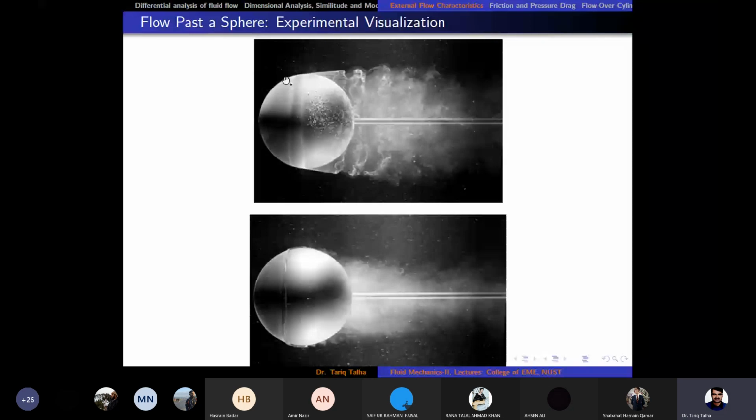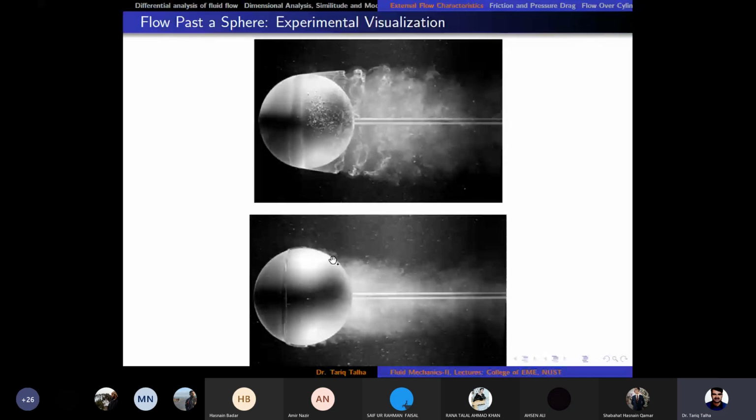If we measure theta from here anti-clockwise, at theta equal to 80 degrees there would be a flow separation, when the flow is laminar. But when we have a turbulent boundary layer, then the flow separation occurs here at theta equal to 140 degrees, when theta is measured from this axis anti-clockwise. So you can see flow separation is delayed.